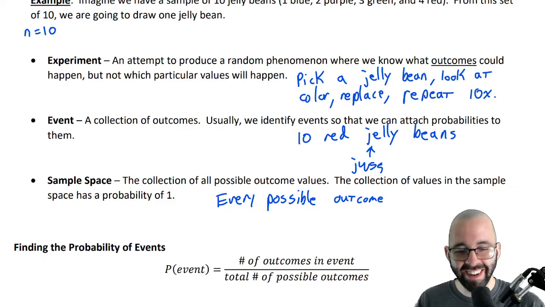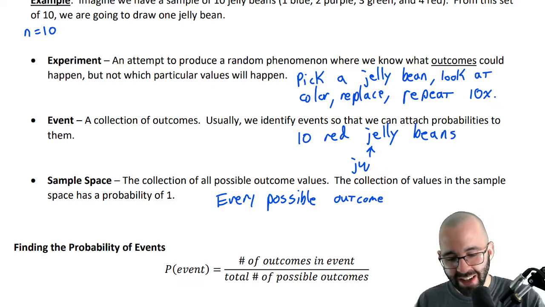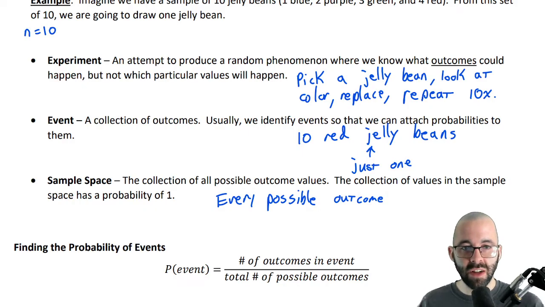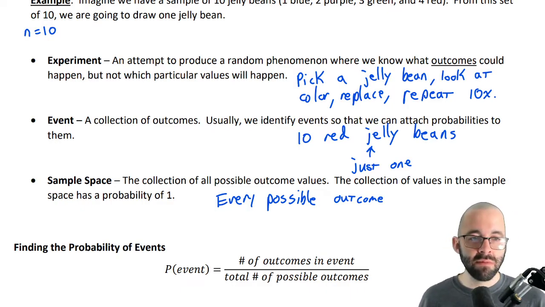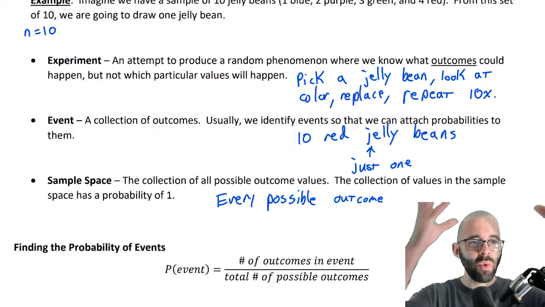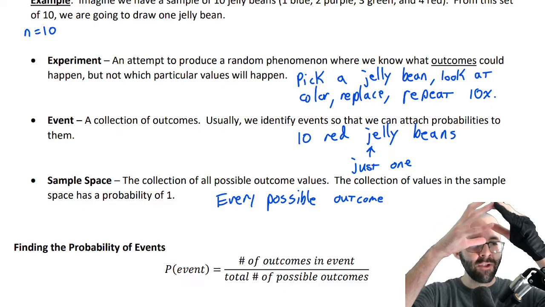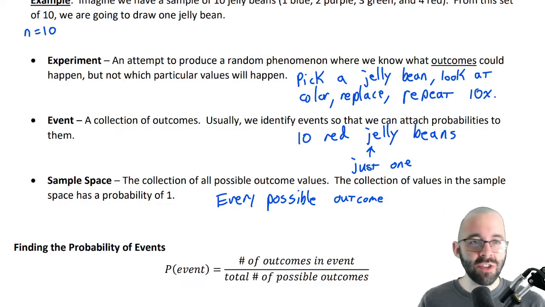This is just one. The sample space is collecting everything. So this one up here just has a single probability. The sample space, if we combine every outcome, is just like that relative frequency. When we add everything together for every possibility, that should add up to 100%.